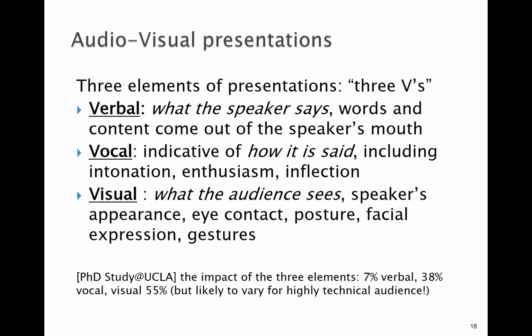Okay, at the bottom, you can see a PhD study, a reference, whose results say that, when we order the impact of these elements on the audience, verbal is 7%, vocal is 38%, and visual is 55%.